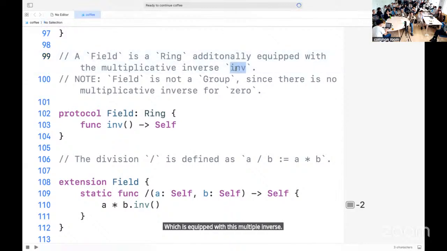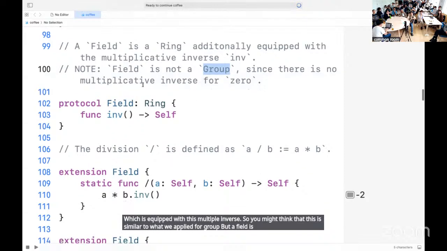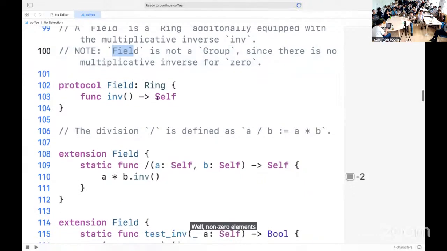So you might think that this is similar to what we require for a group, but a field is not a group, because in a group all elements must be invertible, but in a field all non-zero elements are required to have an inverse. So these are different concepts. So a field is not a group.